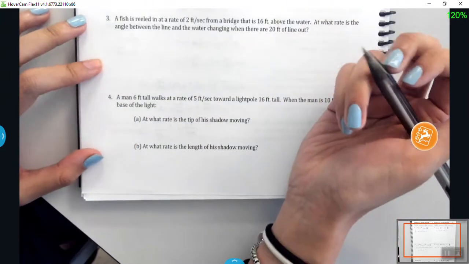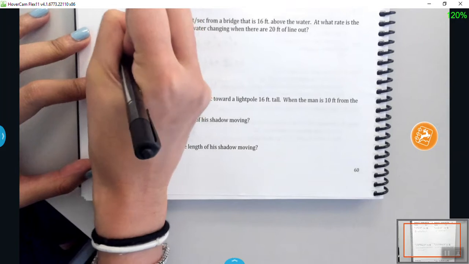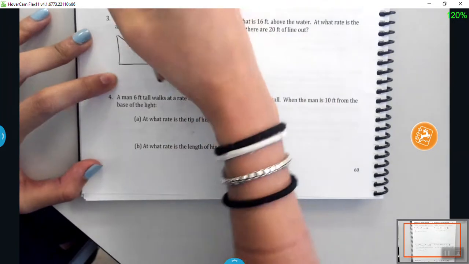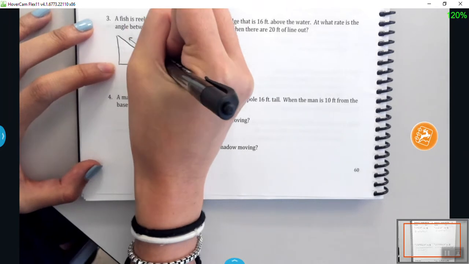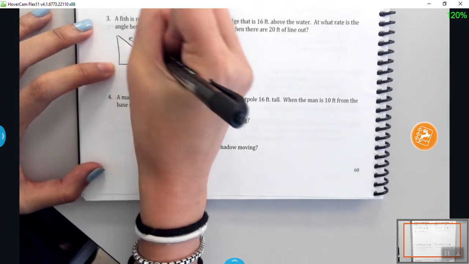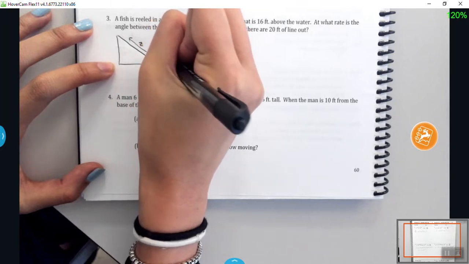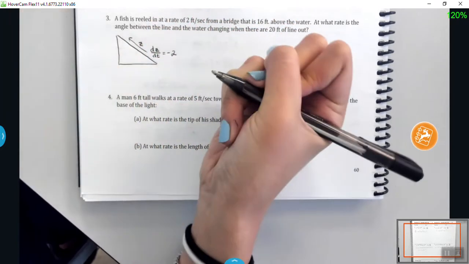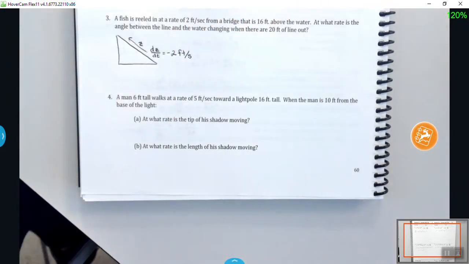A fish is reeled in at a rate of 2 feet per second from a bridge. So we still have a triangle here. Reeled in at 2 feet per second, so we'll call this Z, and dz/dt equals -2 feet per second.